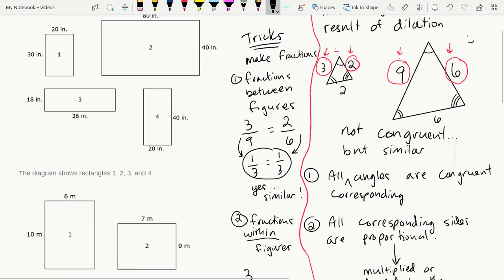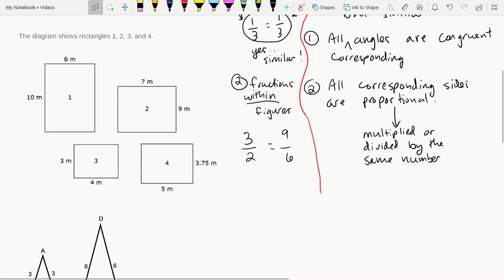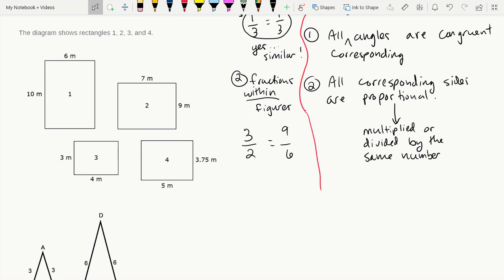See how they match up. 9/6. Now, if I simplify these, there are a couple of ways to do this. I could just put this in the calculator. 3 divided by 2 would be 1.5, and 9 divided by 6 would be 1.5. You can grab your phone calculator to make sure that I'm right, but I think I am.